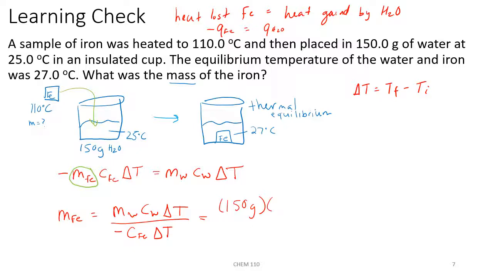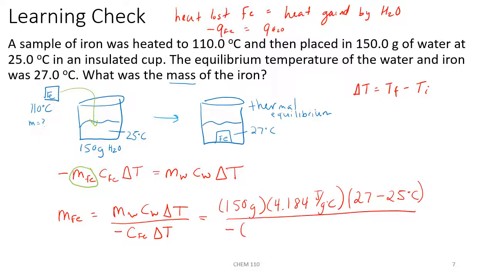The specific heat of water is 4.184 joules per gram degrees Celsius. You would look that up on your specific heat chart. The temperature change, T final minus T initial, for the water: the final temperature was 27 degrees Celsius and the initial temperature was 25 degrees Celsius. Divided by, we have our negative out front still.